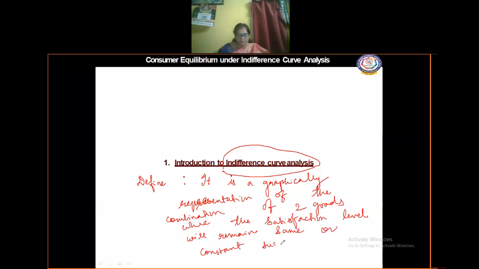Such a curve is called an indifference curve.